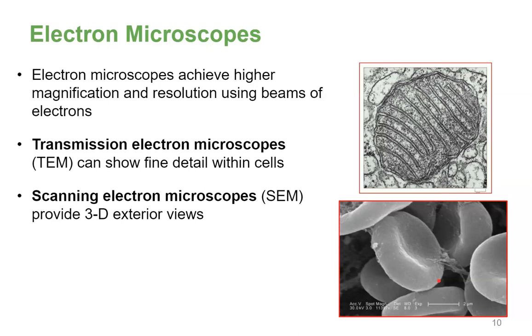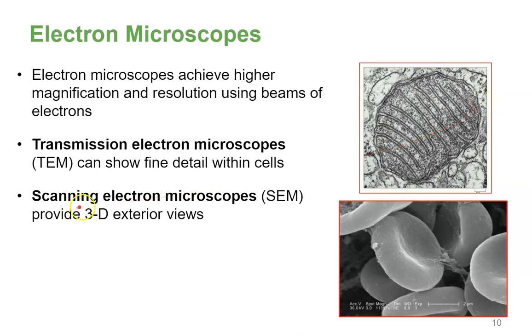So there are 2 types of electron microscopes. The first one is the TEM, which is the transmission electron microscope, which helps us see the detail inside of a cell. So if we were to cut a cell in half, we could really see the detail.